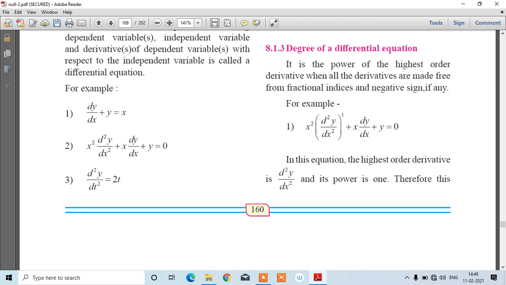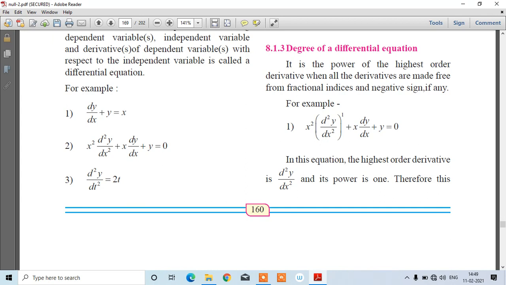Remember, it is the power of the highest order derivative, and the condition here is that we have to make the differential equation free from fractional indices and negative sign, if any.